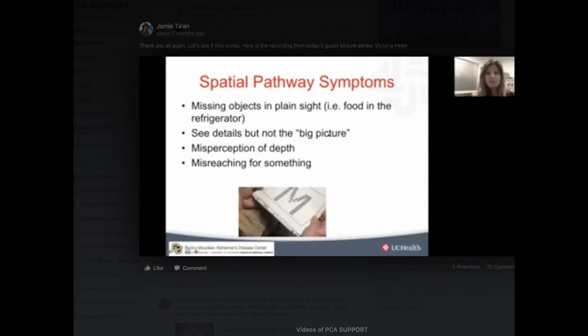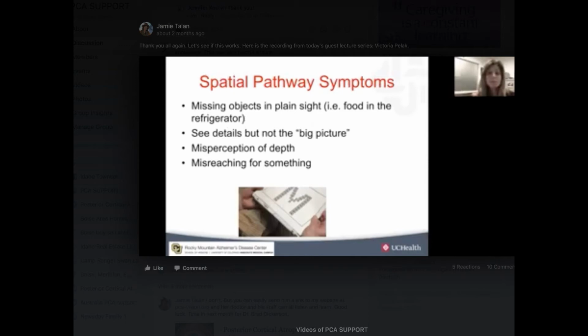And many times we'll hear patients describe that, I don't understand how my loved one can see a little tiny object that's sitting on the floor, or maybe a little piece of paper or a piece of trash that's sitting on the floor, but can't put together a bigger picture of how to walk around in a grocery store, for instance.